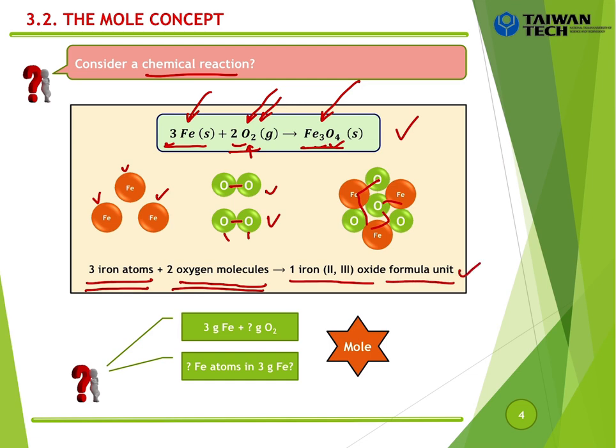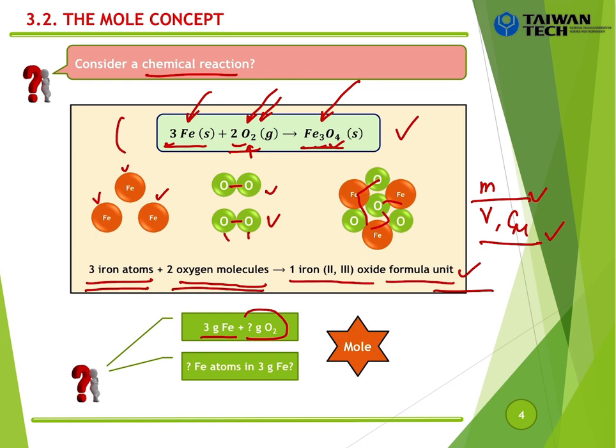And you see we cannot use the mass for your calculation because usually in chemical reaction we consider the mass of the substance or maybe sometimes we know the volume and the concentration for your calculation. But we cannot use this one or this one directly in the calculation in the chemical equation because if we know the mass of the first substance, we don't know how many grams of the second substance.